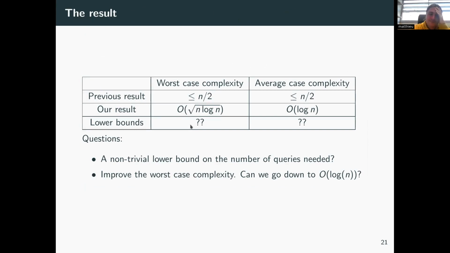Some of the queries you could try have really high entropy and could give you a lot of information, but then it seems that the set of words that remains possible has a really bad structure, so you will need a lot of queries to do something, but it's quite unclear what happens. So really, I don't have any idea what is the correct lower bound.